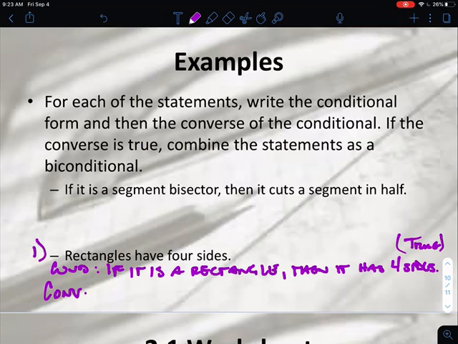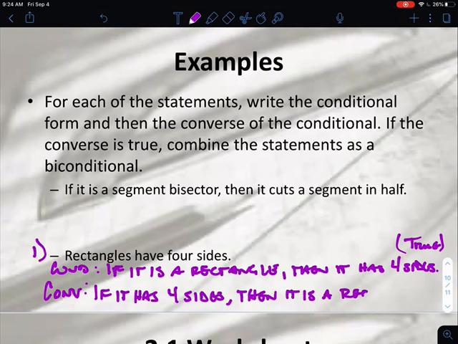Also then, I need to check the converse. Now the converse would flip-flop this statement. So I would say if it has 4 sides, then it is a rectangle. Now, here's the thing. If I look at it in reverse order, if it has 4 sides, then it must be a rectangle. So I have to think, is that always true, or could I have a different 4-sided shape?